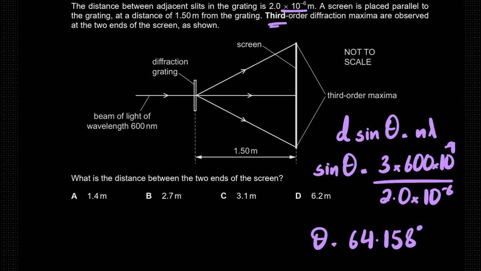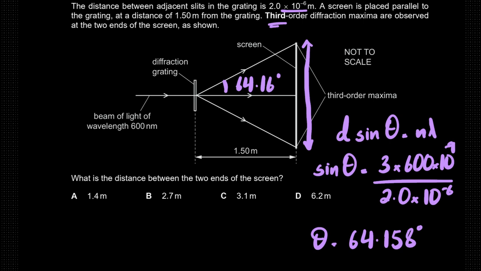So now we need the distance between two ends. So we need this distance all the way here. And you can see because of symmetry, two of these distances would make this entire distance. So if I want to figure this out, I know this angle, theta, which is 64.1516, right?